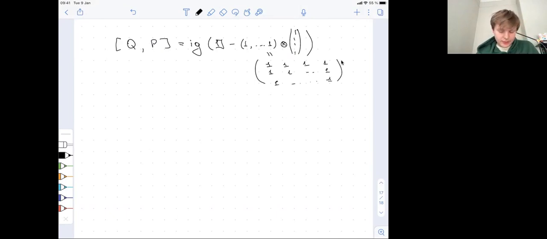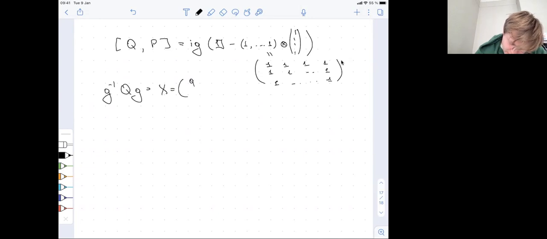Now I fix it and I want to resolve it, but I also want to conjugate by the group action, so I can perform the following conjugation. Let me switch to the eigenbasis of the matrix Q, for example. I conjugate the whole moment map equation by G, which gives me G minus 1 Q G equals X, which is just the diagonal matrix Q1 till Qn.